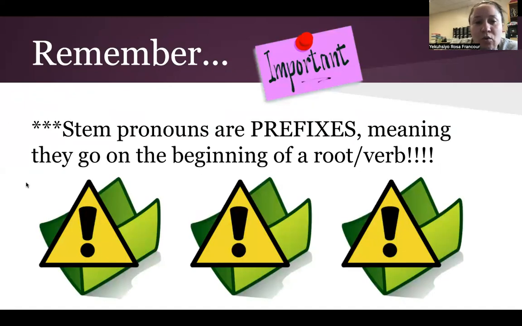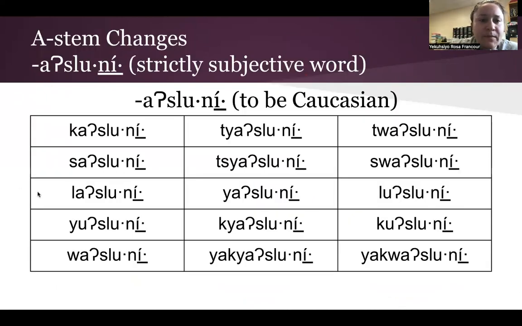Great. So again, review, same thing. I know I say this a lot. Stem pronouns are prefixes. It means that they go on the beginning or the front of a root or a verb. So this is how the word actually exists. I want to show you this, how it really would look, but I will break it down and color code it shortly. I just want to present this to you initially.